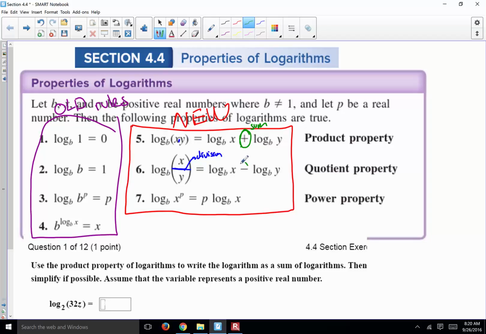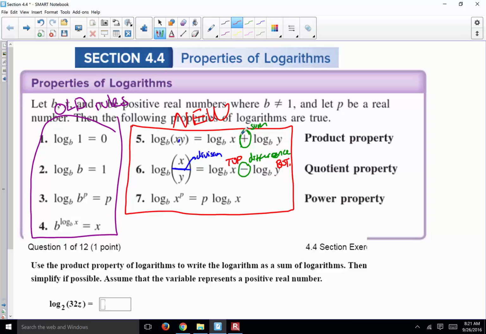So the sum turns into a difference. Okay? So if you have a division of 2 numbers, or technically a quotient, you take the logarithm of the top first, then the logarithm of the bottom, and take the difference.